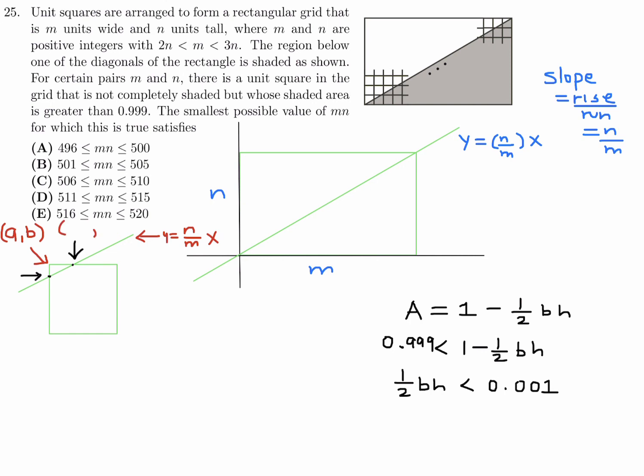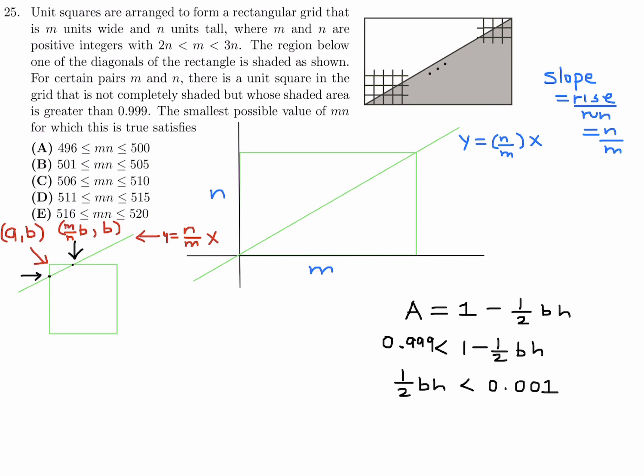So it is of the form b for the y coordinate, and the x coordinate will be m over n b, right? I just took that equation and isolated for x. So far so good, right?